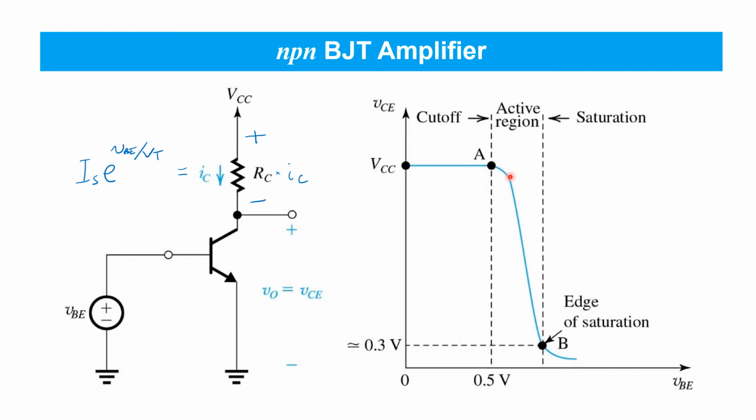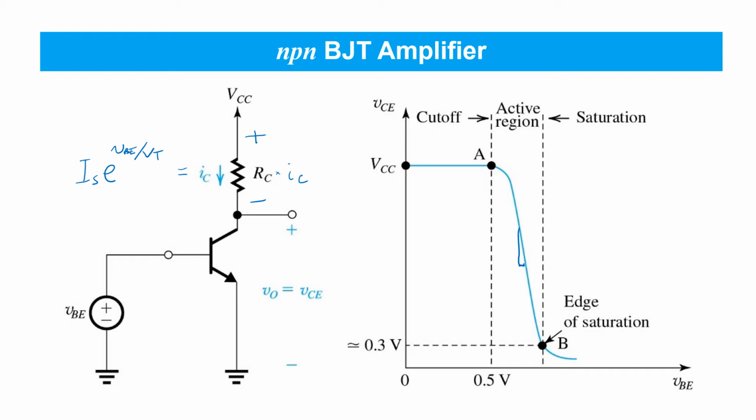In this region of operation, the BJT is in the active mode, and because of this high slope, it's going to be very useful to operate the amplifier in this mode for amplification. Now, clearly it's going to be a negative gain here since the slope is negative, but nevertheless, it's a very steep part of the curve.